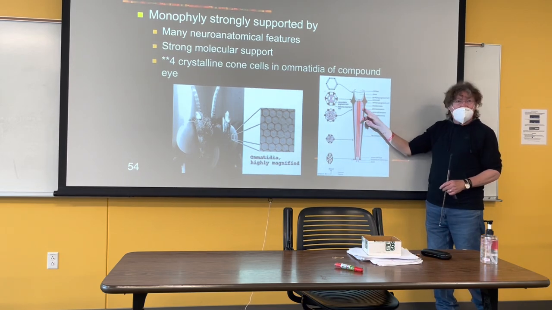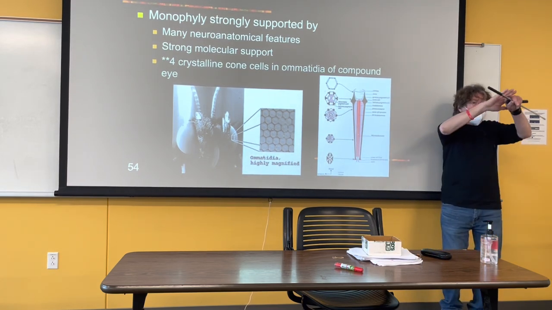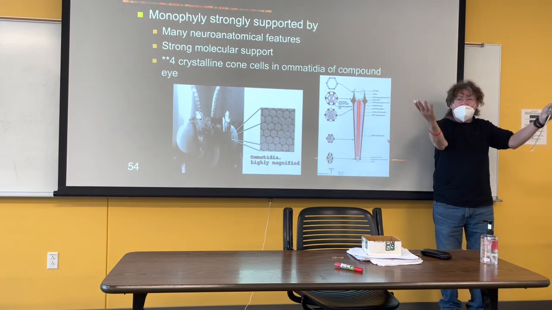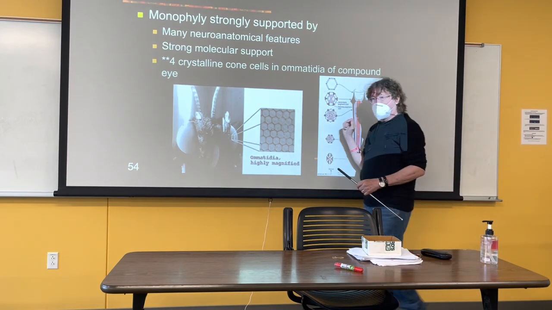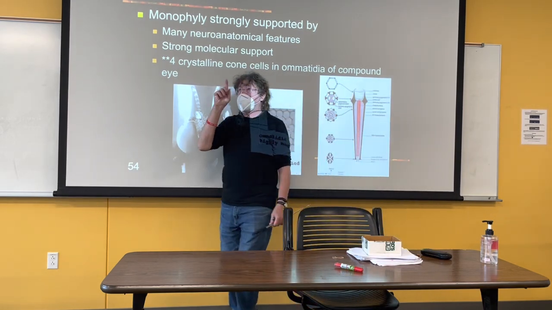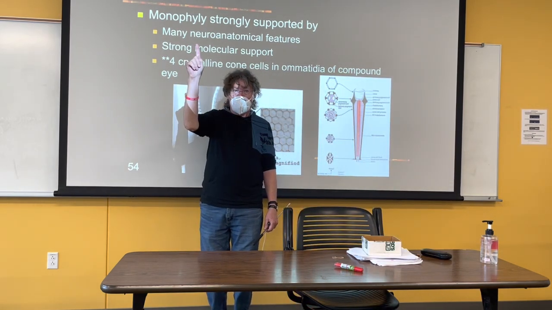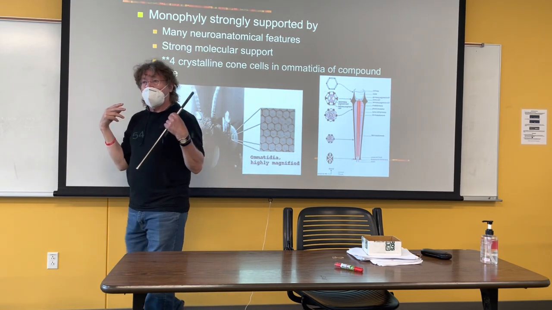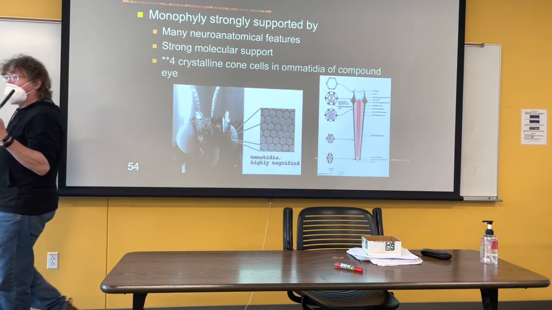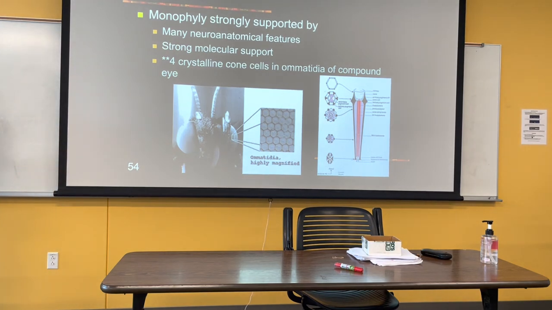And so when you have thousands of these arranged in an arc like this, the brain is picking up information of the light that's coming straight from that direction, and it's put together in the brain as a mosaic, somewhat like the little pixels on your computer screen.